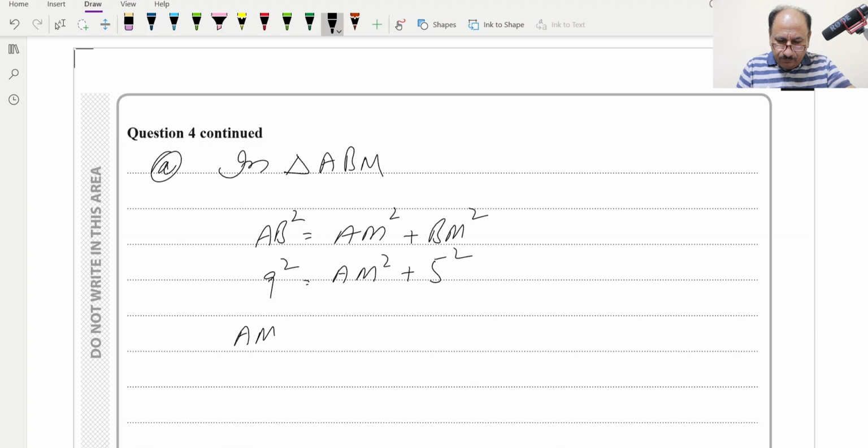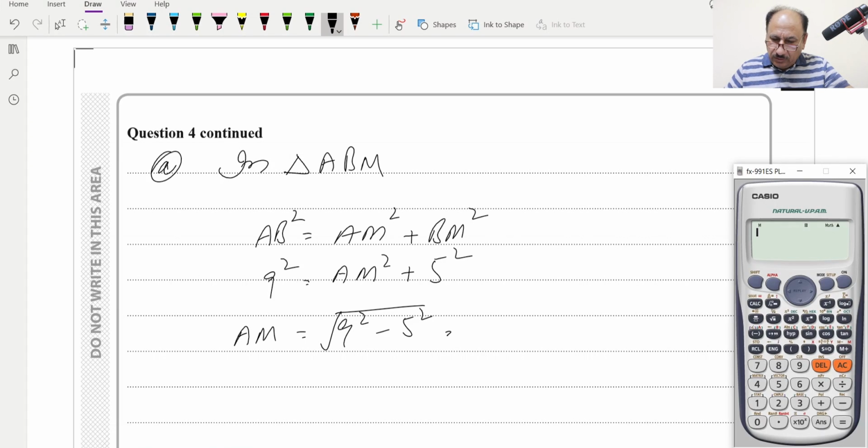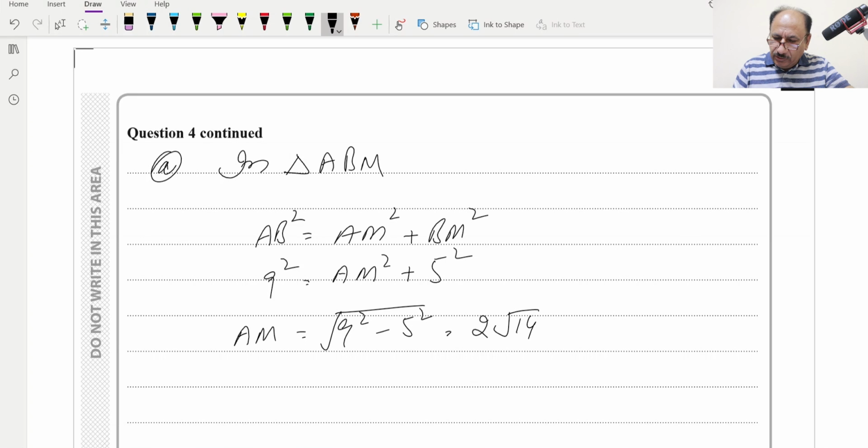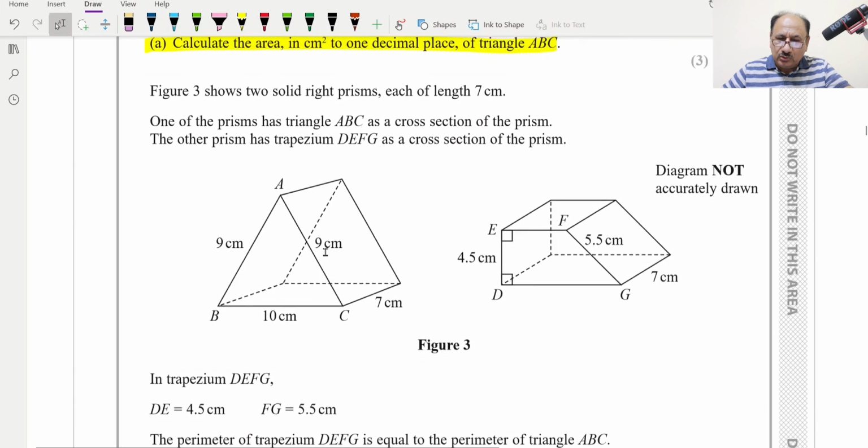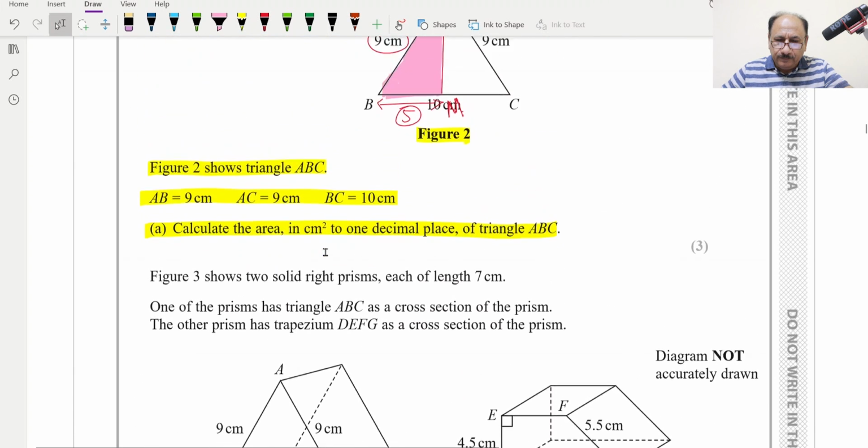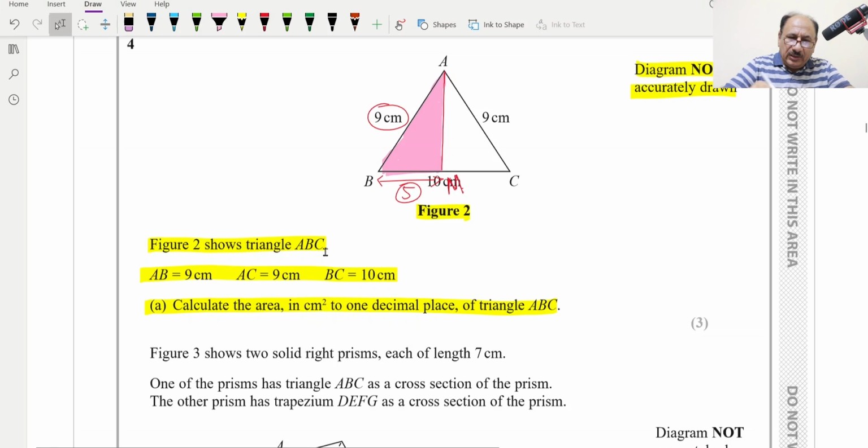So AM will be equal to the square root of 9 squared minus 5 squared, and this is equal to 2 root 14. This will be the value of AM, which is the height.